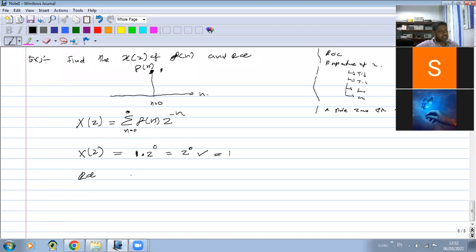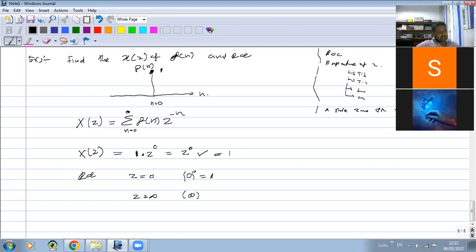What is the ROC? If you see that z is equal to 0, if you consider a very small value, and you get the 0 power, the value is equal to 1. And if z is a very big value, we don't care.